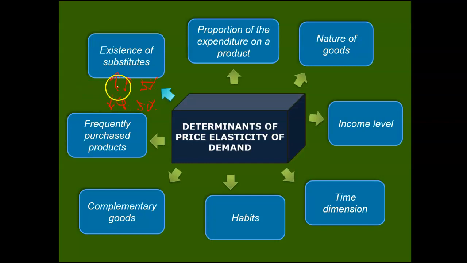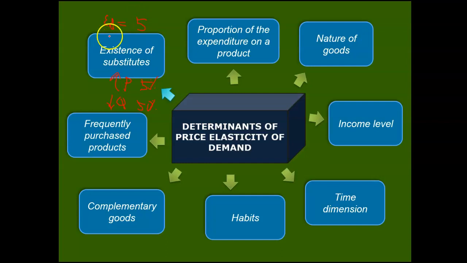So, untuk kira elasticity dia adalah changes in the quantity demanded of the Colgate divided with changes in the price of Colgate. So 50 bahagi 5. So it means that the elasticity of demand for Colgate will be 5.